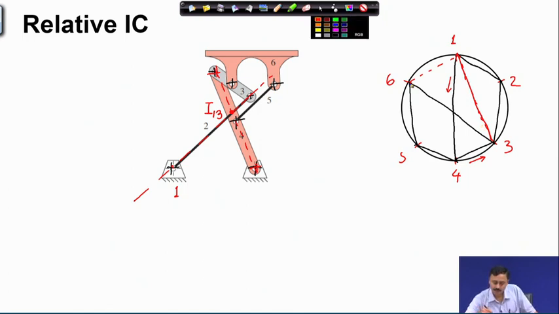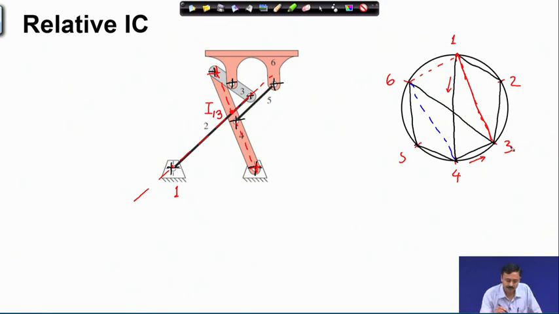Let me now ask the question whether I can locate I 6 4. In that case, I will have two independent paths involving 3 bodies each between 1 and 6. Okay. So, I have this question of I 4 6. Now, I 4 6 must lie on I 3 6 and I 3 4. So, 3 6 is here and 3 4 is here.